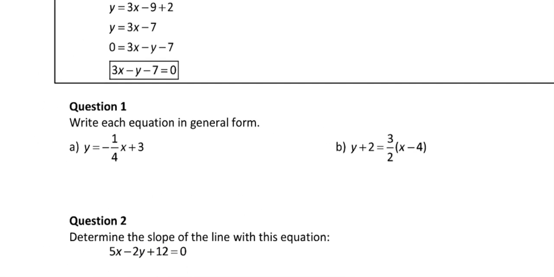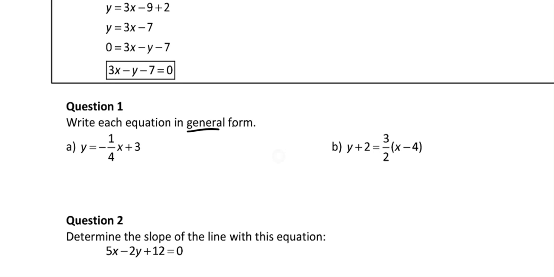All right, so the first one says, write each equation in general form. So we just need to have everything over to one side and equal to 0, right? The only issue is, in general form, just like standard form, we don't like the fractions, right? Do you guys remember what we did to get rid of the fractions, that little trick there? Yeah, that was when it was over 2.